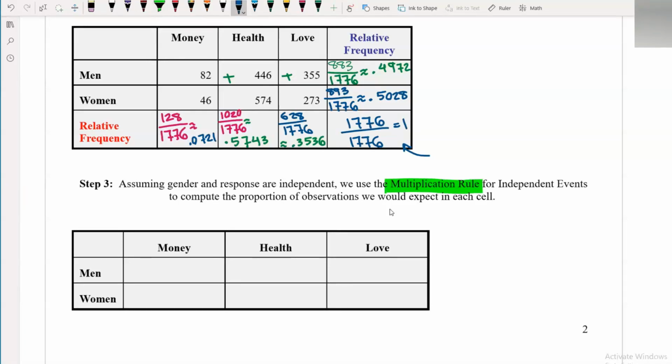In general, the probability of gender and response is equal to the probability of gender multiplied by the probability of response. So this is what I'm going to use for all of these.